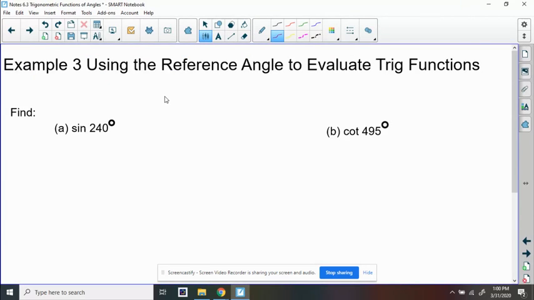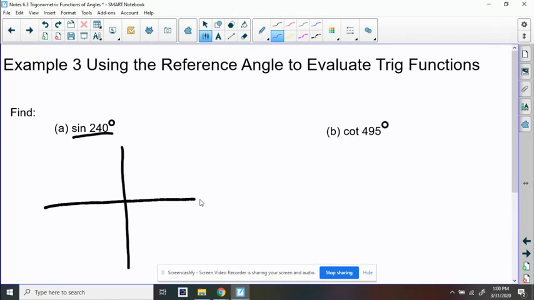So let's look at some examples using the reference angle to evaluate trig functions. How do we find sine of 240 degrees? First of all, we have to think, which quadrant is this angle in? Drawing a diagram is always helpful.